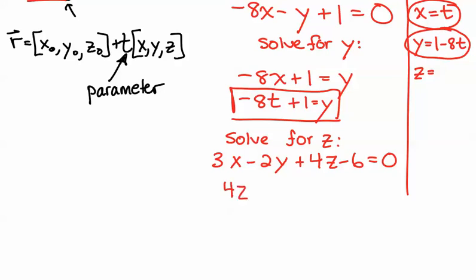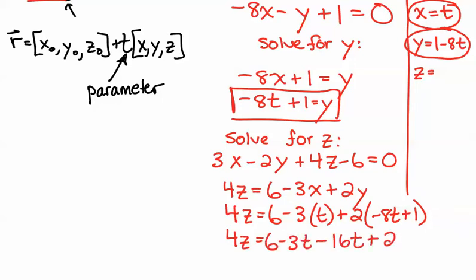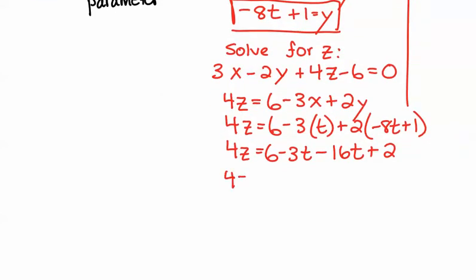So 4z equals 6 minus 3x plus 2y. I'm just going to sub in my x and my y. So 4z equals 6 minus 3 times t plus 2 times negative 8t plus 1. Simplifying all of this, 6 minus 3t minus 16t plus 2, if I haven't made any mistakes. So 4z is equal to 8 minus 19t.